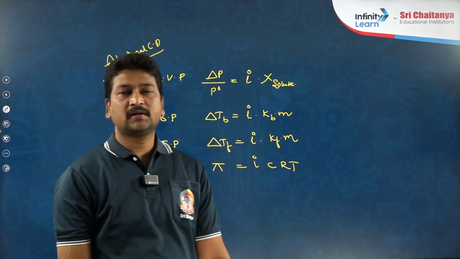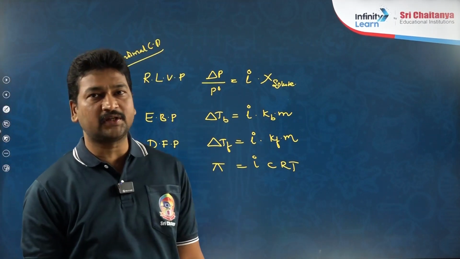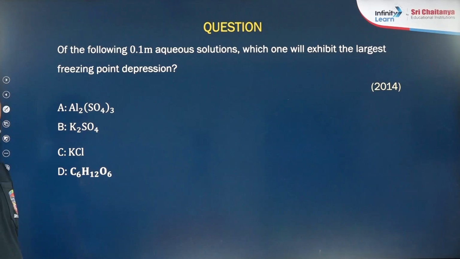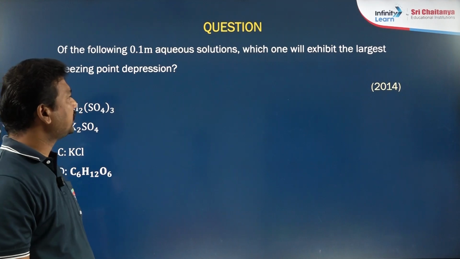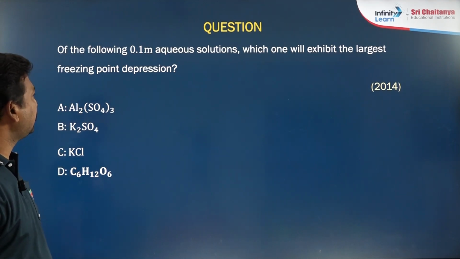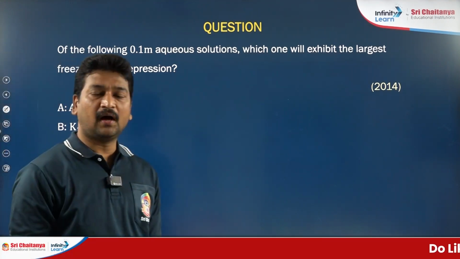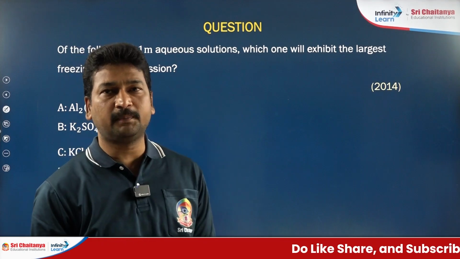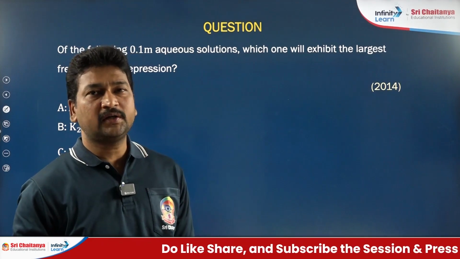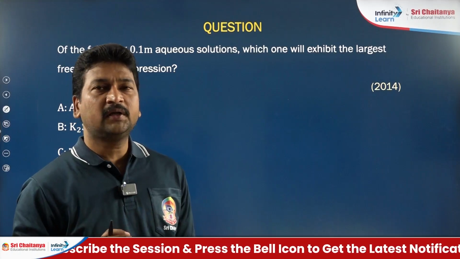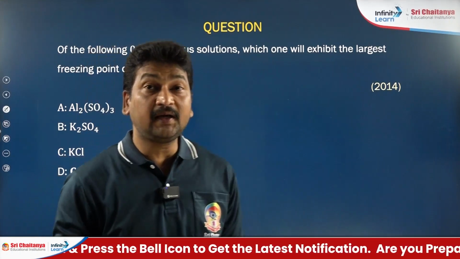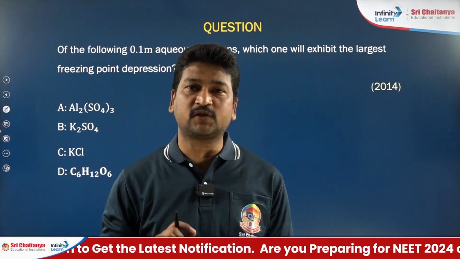Let us solve some numericals related to these concepts. Dear students, of the following 0.1 molar aqueous solutions, which one will exhibit the largest freezing point depression? My dear students, you remember this: all 4 colligative properties and boiling point are directly proportional to the number of particles of the solute.